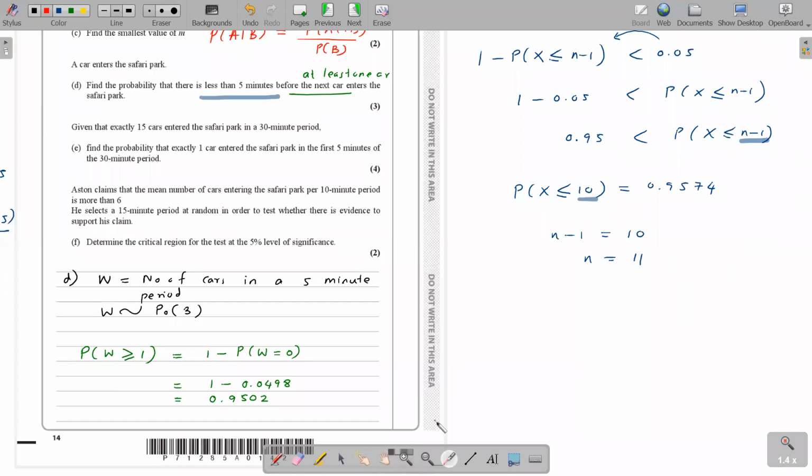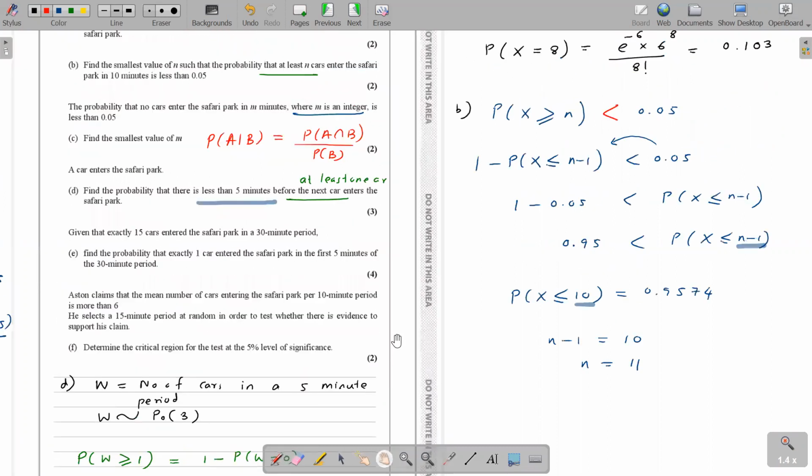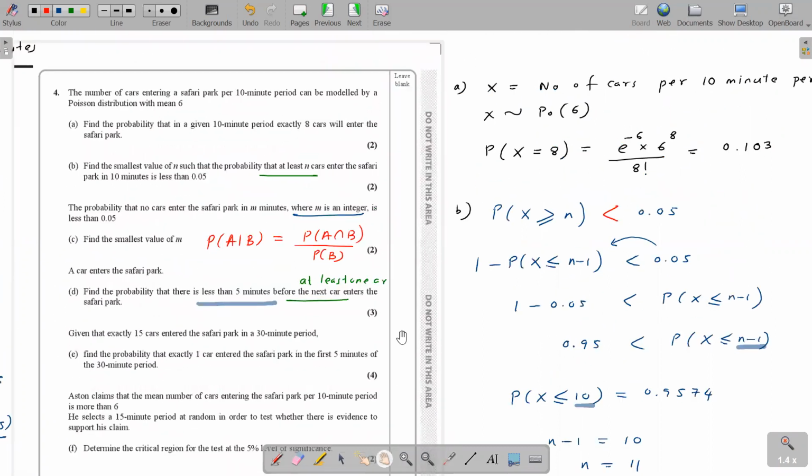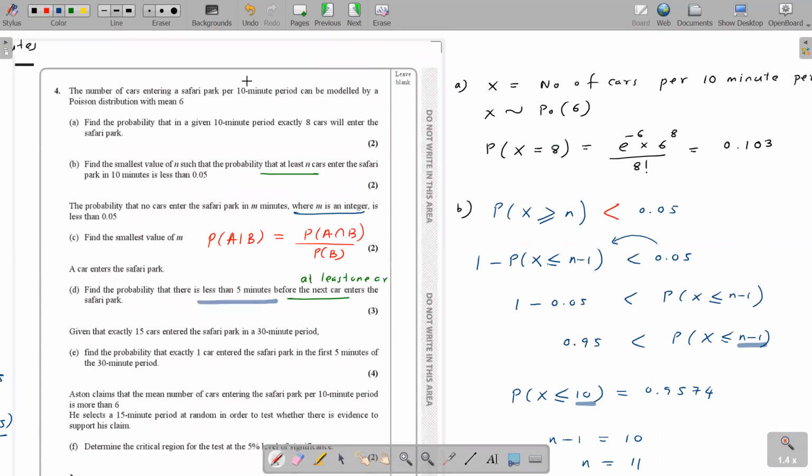Okay, moving on to part E. Look at this. Given that exactly 15 cars enter the safari park in a 30-minute period. Can you see what's happening? The interval has changed. First we used a 10-minute period, and for that we used the variable X. Then for the m-minute interval we used Y, right?